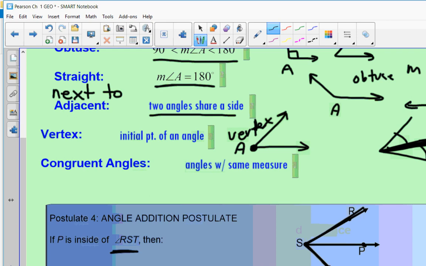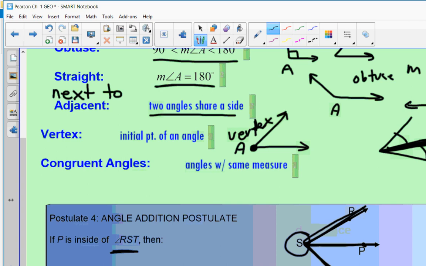So what we did was from here to here, we drew a ray, and we got from S to P, which shows that P is in between R and T. So what I had was, first off, this angle RST, S was the vertex, and R and T are points on the rays.